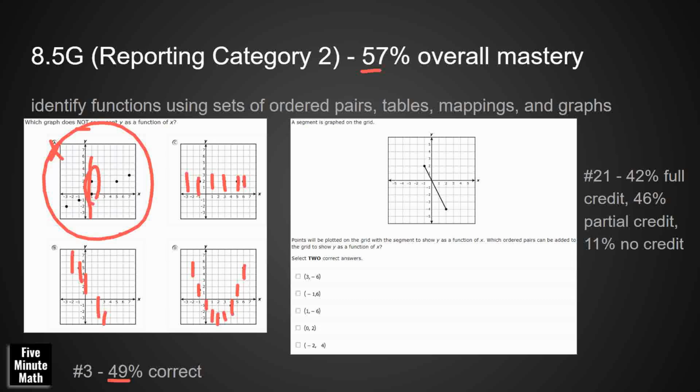And then I need to plot 2 points here that work for this function if we were to extend this segment. And let's just plot all the points. And you'll see that 3, -6 looks like that's going to continue on that line right there. We've got -1, 6, not going to work. We've got 1, -6, not going to work.